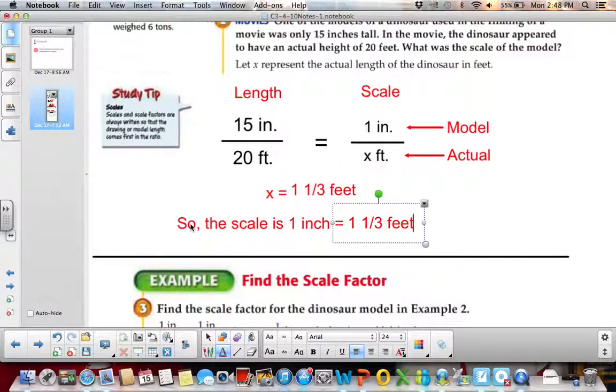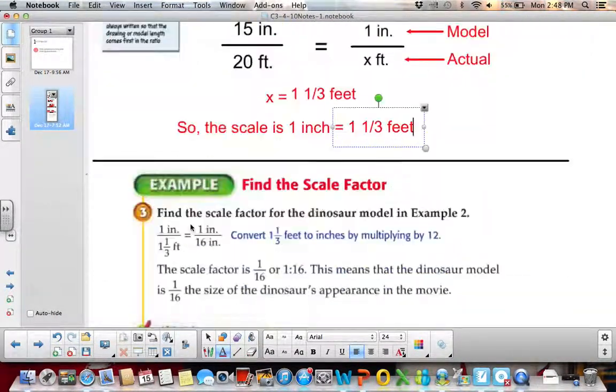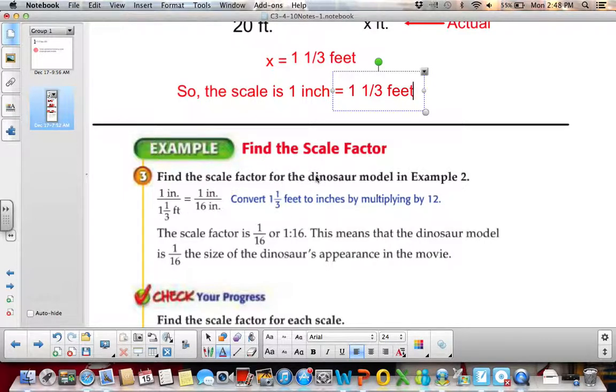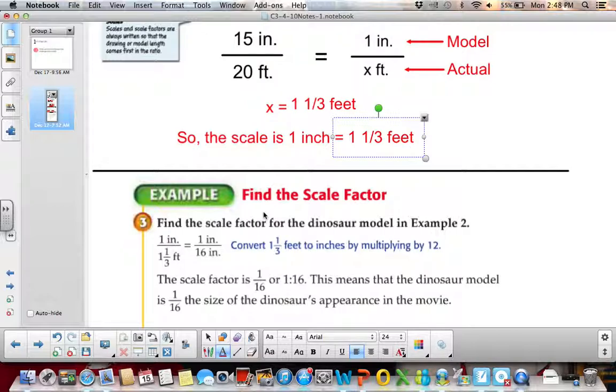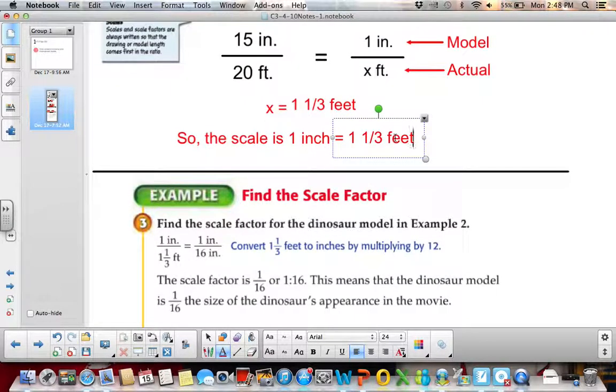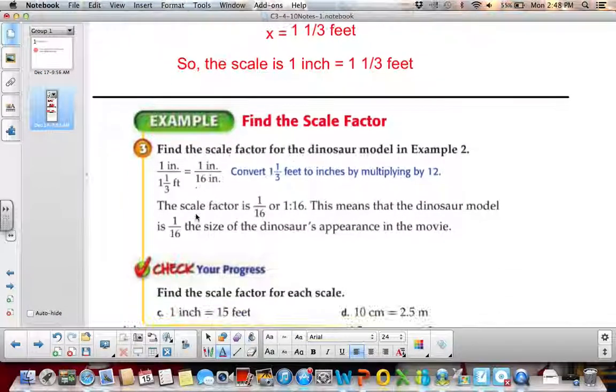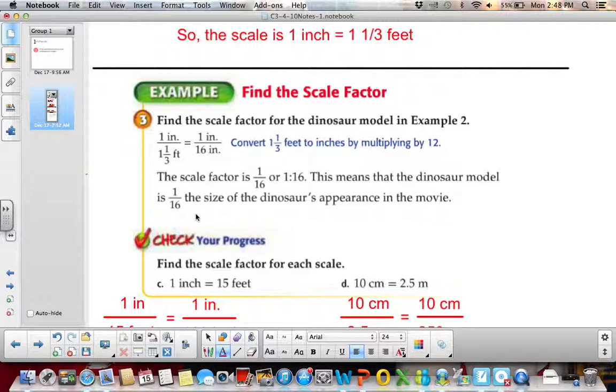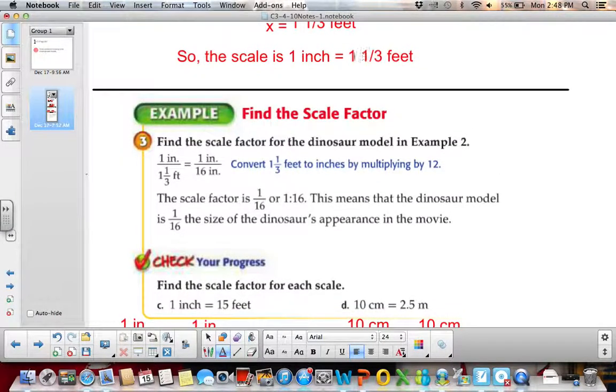Using the same example, we want to find the scale factor. The scale that would be used between the model and the actual is 1 inch equals 1 1/3 feet. The scale factor is a little bit more confusing, but if 1 inch equals 1 1/3 feet, we can set this up.